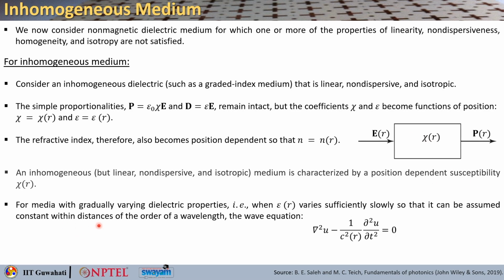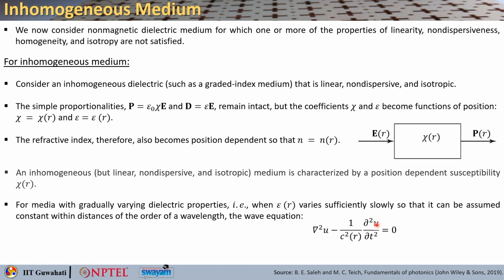For media with gradually varying dielectric properties, that means when epsilon(r) varies sufficiently slowly, it can be assumed constant within distances of the order of the wavelength. In that case the wave equation can be written as del square u minus 1 by c square(r) dou square u by dou t square equals 0, where you put the speed of light in that particular medium, which is position dependent.